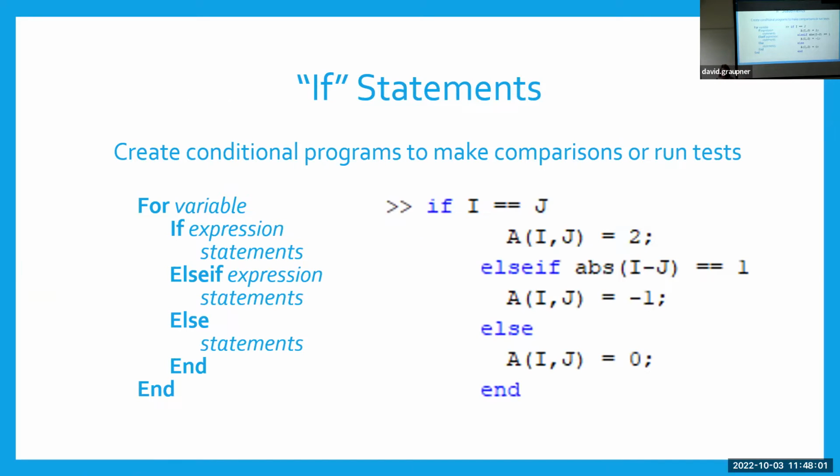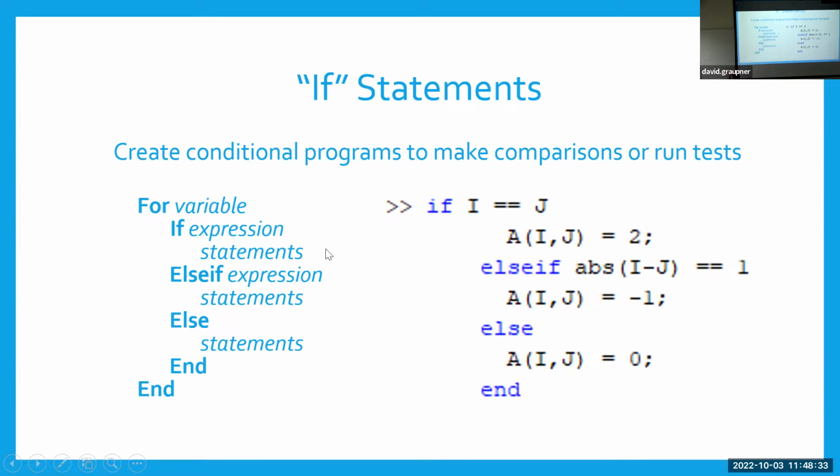So next is conditional statements. So you can create programs in MATLAB to make comparisons or run tests. And basically you have to follow this setup. So you create for this variable that I want, x equals this matrices or something. If this statement is true, then you have this.